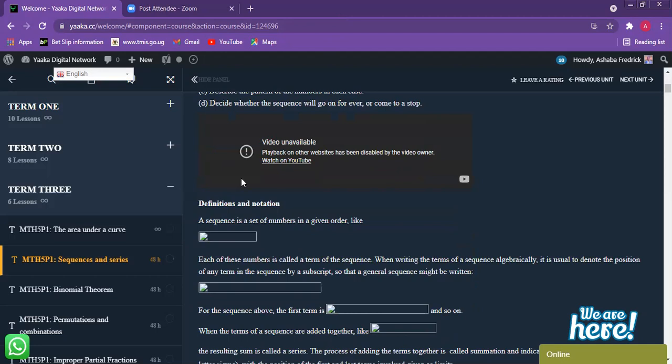On the definition, we are saying a sequence is a set of numbers in a given order, like what we have seen above. So that is a sequence. And each of these numbers is called a term of the sequence.